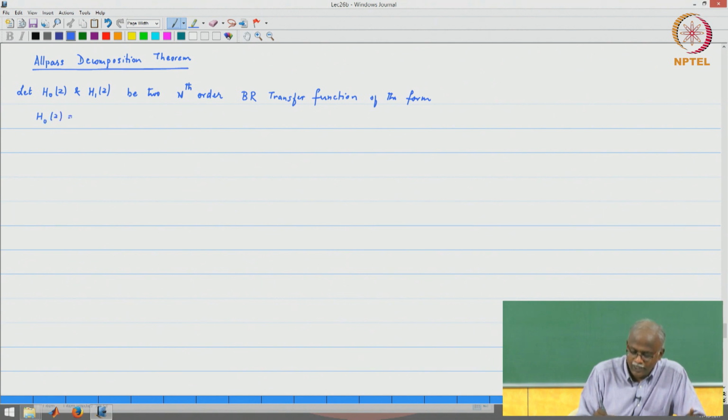H0 of z is a polynomial p0 of z in the numerator and a denominator d of z.